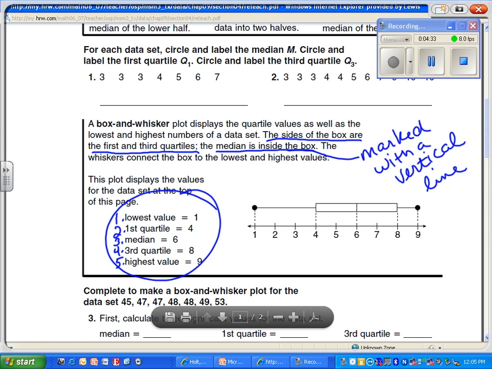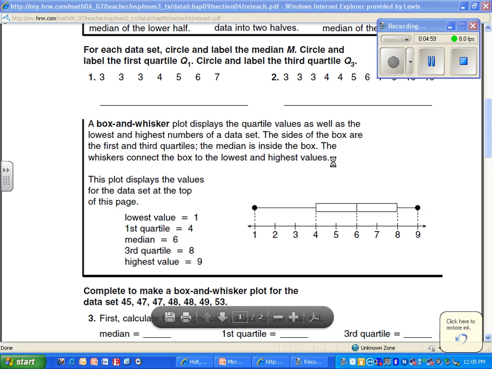Remember that the box is made up of the first quartile to the third. So here in our box, we're going from 4 to 8 to make up our box. The median was 6, so we're going to mark the 6, the median, inside the box. Then our lowest value is going to make up our whisker on the left, and our highest value is going to make up the whisker on the right, and then we are done.